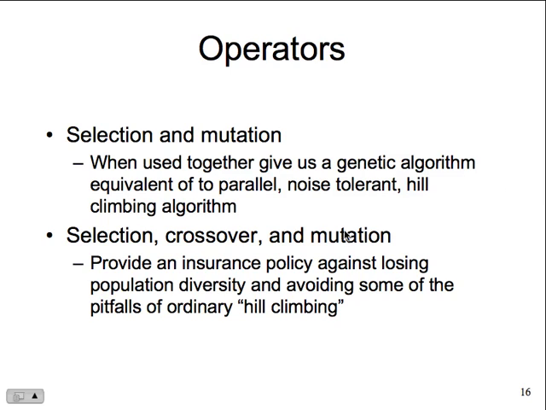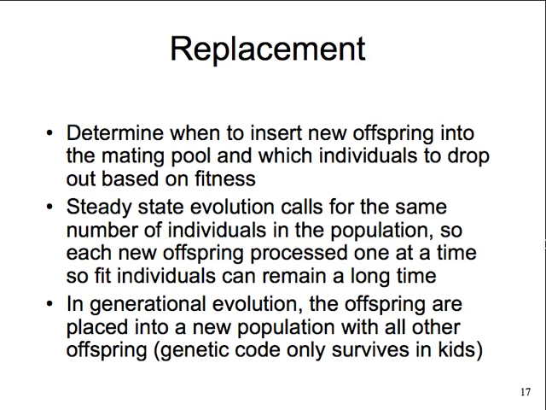Selection, crossover, and mutation together provide an insurance policy against losing population diversity and avoid some of the pitfalls of ordinary hill climbing. It makes it a little easier because crossover is more predictable in keeping the best-fit selections that we're looking for.